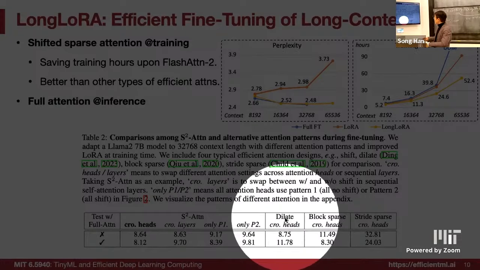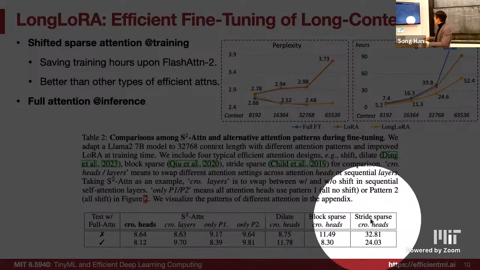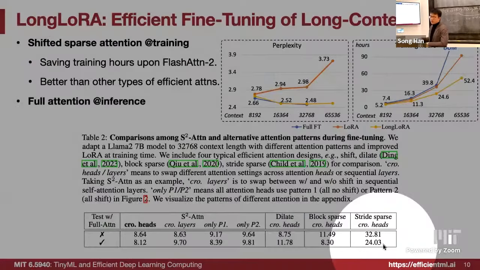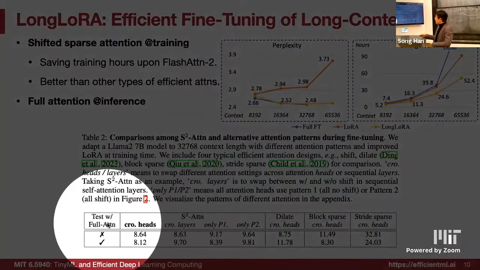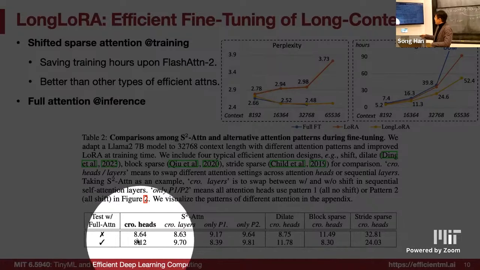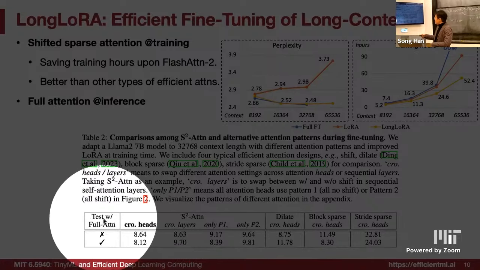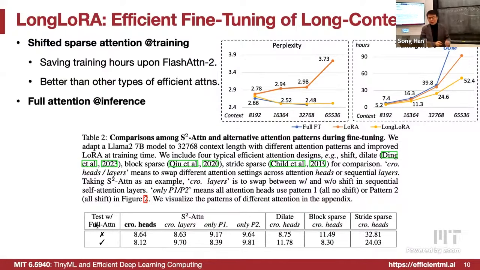Other sparsity techniques like dilation, block sparse, and stride sparse across the heads don't perform as good compared with the S2 attention. And in particular, the lowest perplexity is achieved when we are training with shifted sparse attention, but testing with the full attention.